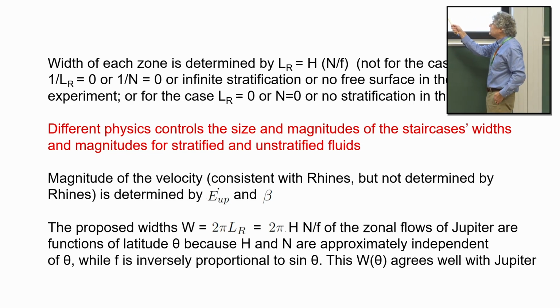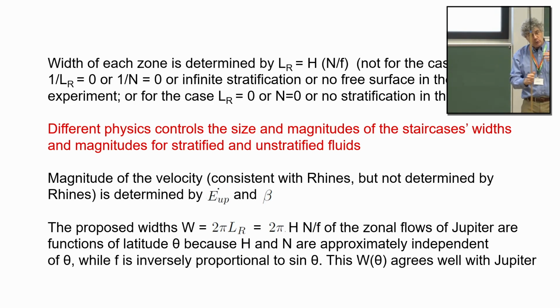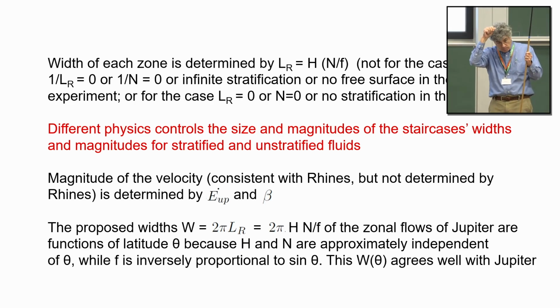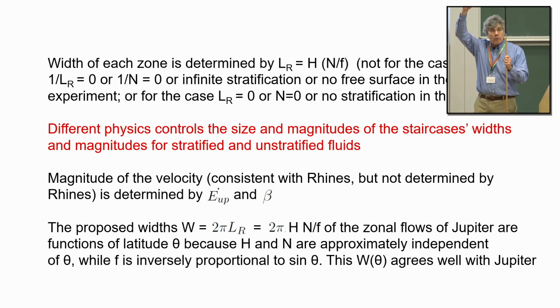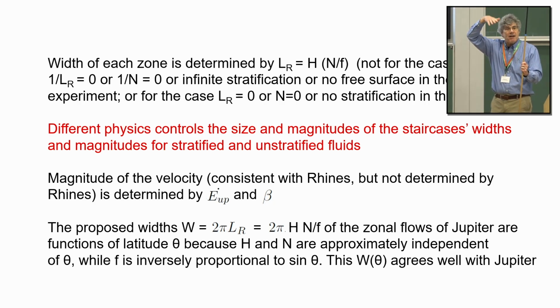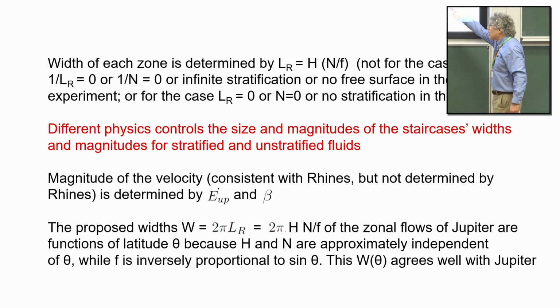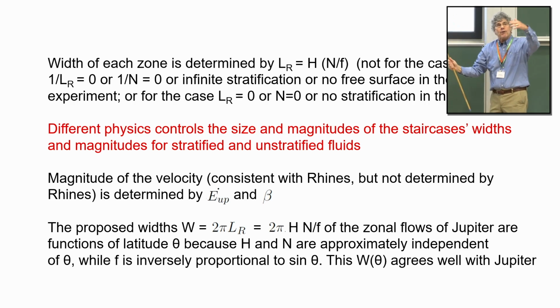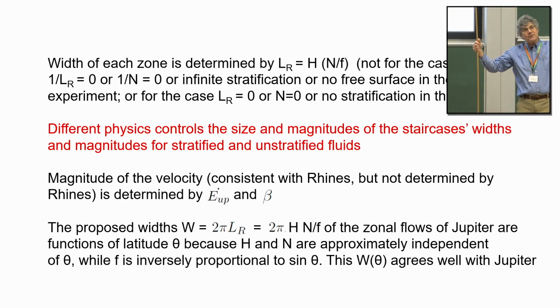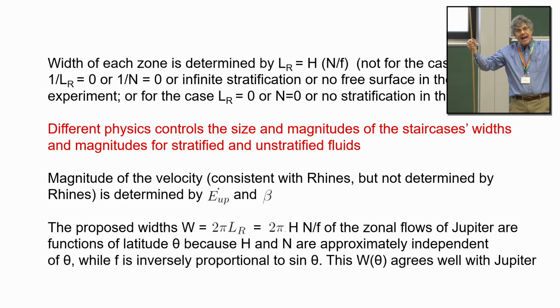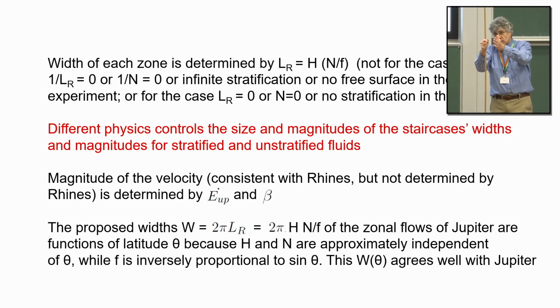So N is pretty much independent, as is H, but F is the Coriolis parameter, which is 2 times the angular velocity at the North Pole times the sine of the co-latitude, where 0 of the latitude is at the equator. So it's going as 1 over F, and therefore the LR is very, very big towards the equator and decreases as you go towards the pole.